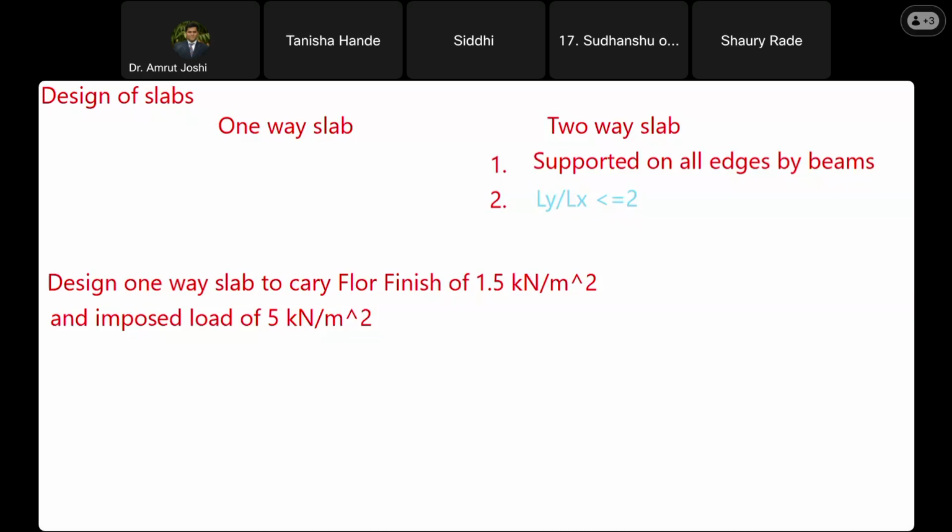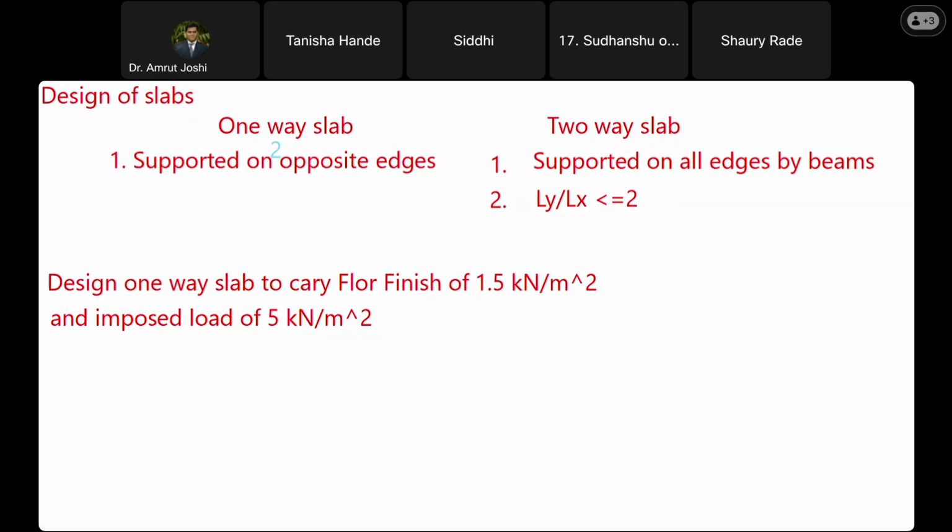So when is the slab one-way? When it is supported only on two opposite edges. Are you with me? Yes, sir. When it is supported on two opposite edges, the supports are not there on all four sides; they are there only on two opposite edges.